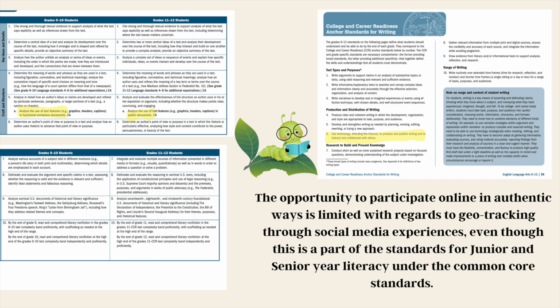And if you can see all of these things, especially a note on the range and content of student writing over there on page 55, where it says, for students, writing is a key means of asserting and defending claims, showing what they know about a subject, conveying what they have experienced, imagined, thought, and felt. To be college and career ready writers, students must take task, purpose, and audience into careful consideration.